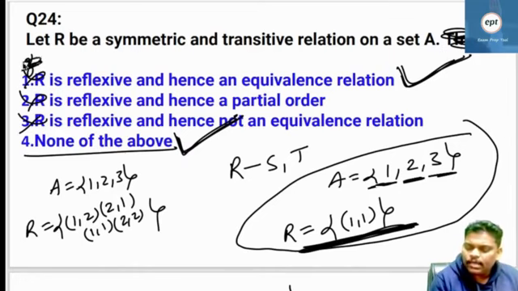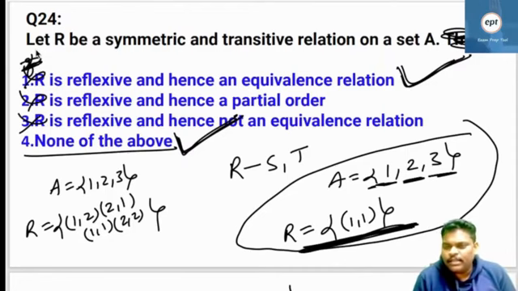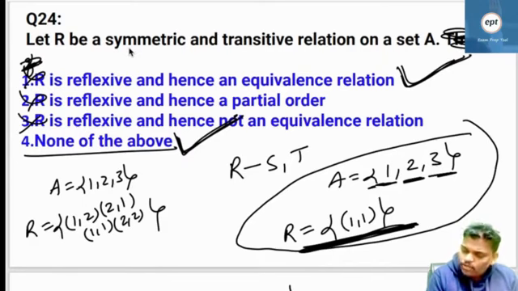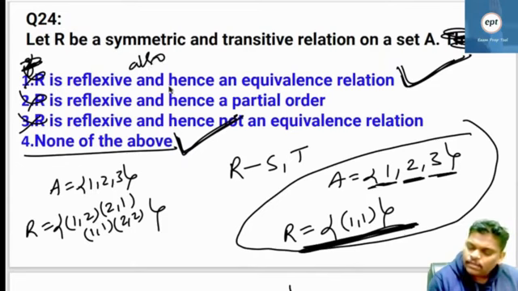Some changes are there, then answer may be A, something like that. I cannot give guarantee. He simply said one thing, R is symmetric and transitive on set A. If R is reflexive also, then hence equivalence relation, something like that I can understand.